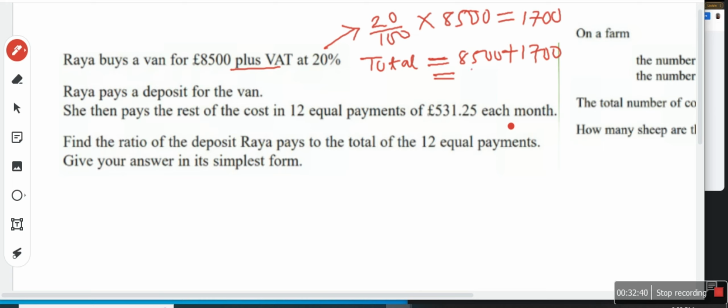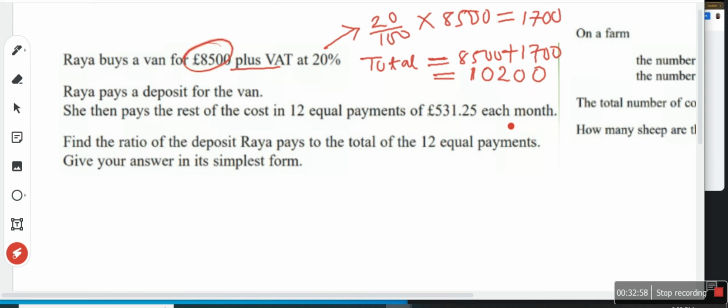Read out the digits. 10,200, right? You said 10,200. All right. So this is the total thing.